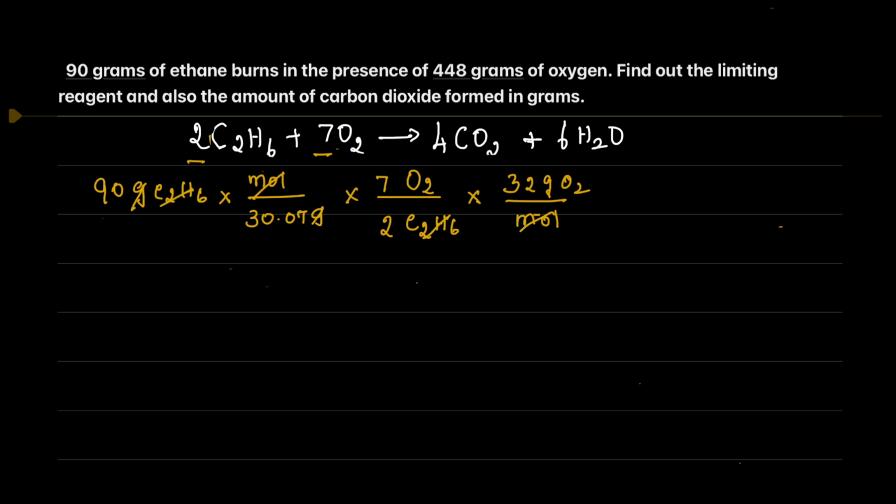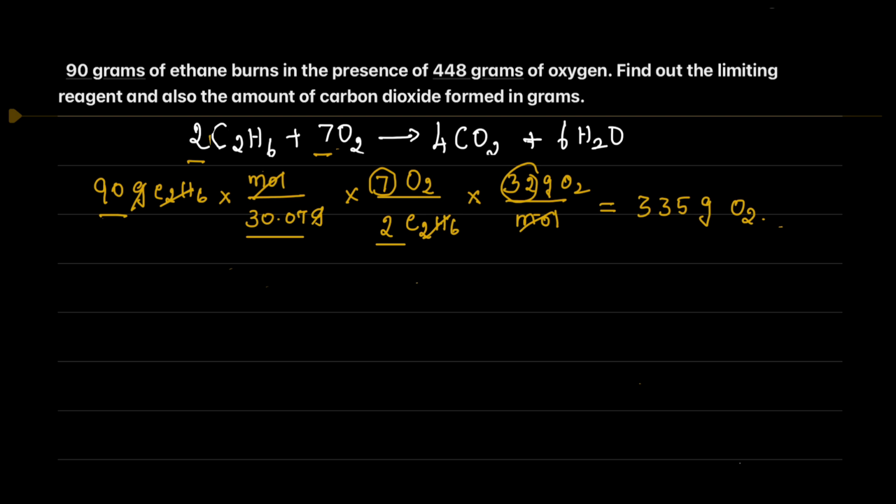Now we have to take our calculator and do it. We are left with 90 into 7 divided by 30.07, again divided by 2, and the answer is to be multiplied by 32, which will end up with 333 grams of oxygen.